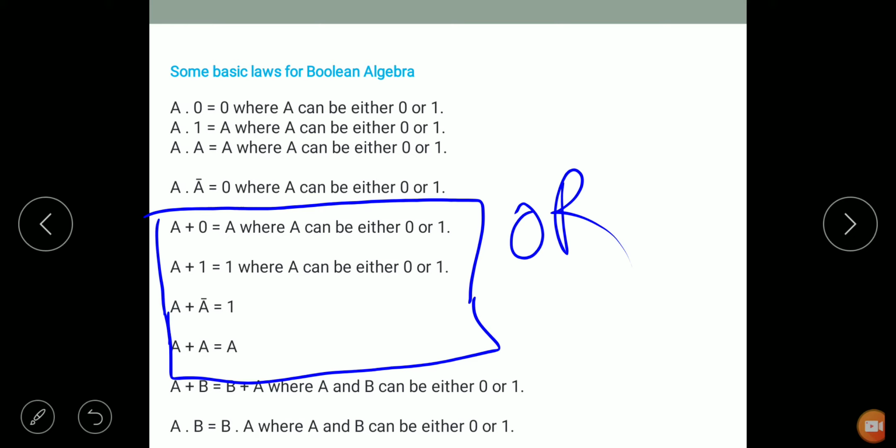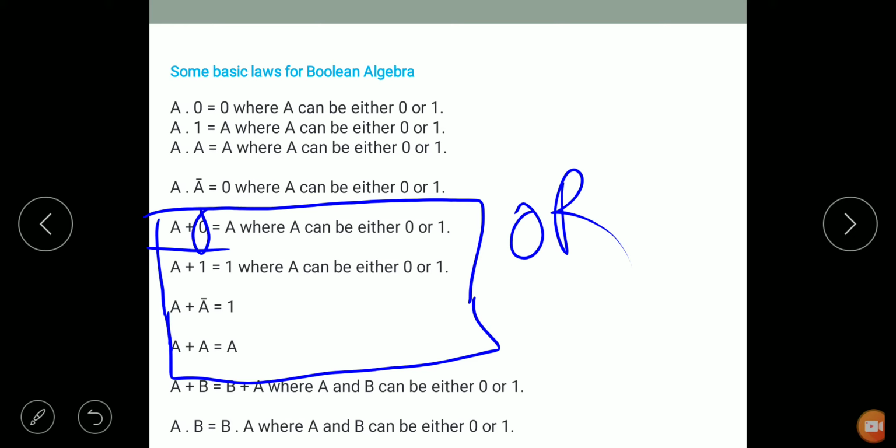The OR laws are as follows. First is a plus 0. A plus 0 means one variable of the OR operation is low permanently, because 0 is mentioned permanently.